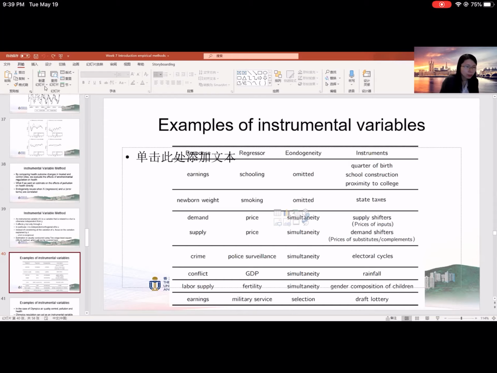Another example is fertility and labor supply. The idea is that if you want to study how having a child affects the career decisions of women, and women's labor supply, bear in mind that the choice of having kids and the choice of working are joint.